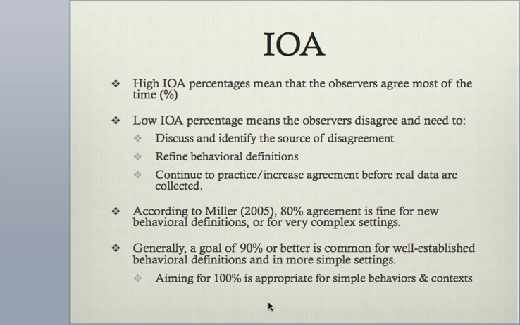And aiming for 100% is very appropriate for very simple behaviors in simple contexts that only occur occasionally and are separated by periods of non-occurrence. So the expectation for your IOA percentages increases as the behaviors become simpler, as the contexts become less complex, and as the frequency of the behavior declines.